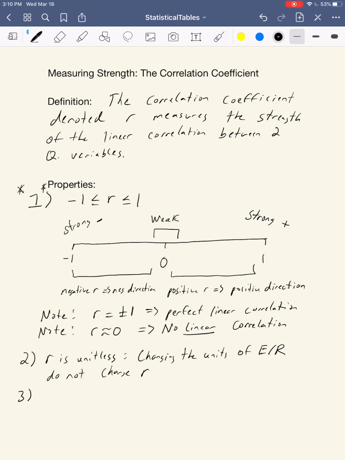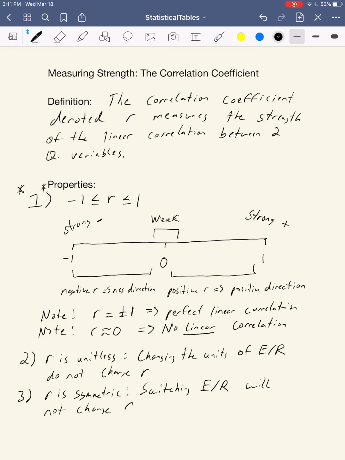The third property, which is a little weird, is that r is symmetric, which is saying that switching the explanatory and response variables will not change r. This is very unique because it's one of those moments that shows a difference between mathematics and statistics.